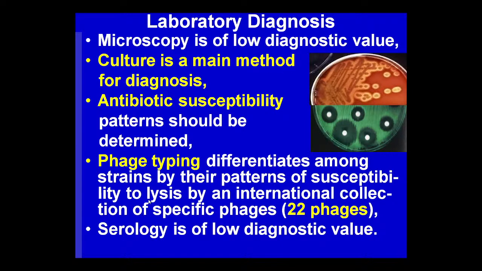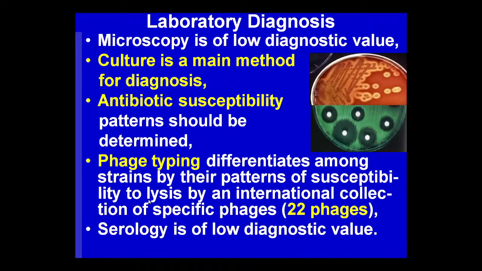Phage typing is used for epidemiological needs to trace the source of infection. Do you remember? We have discussed it. If we have a hospital outbreak of staphylococcal infections, for example, we have to check the phage susceptibility of the strains isolated from the patients and maybe from medical personnel in the hospital.